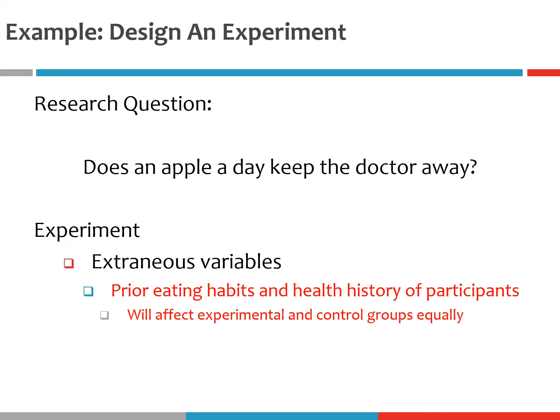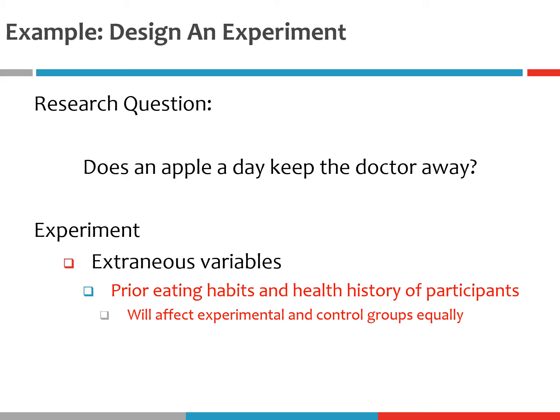Okay, so now let's talk about potential confounding and extraneous variables that we might have to watch out for. So remember, an extraneous variable is something that changes the outcome variable or affects the dependent variable besides the independent variable, okay?